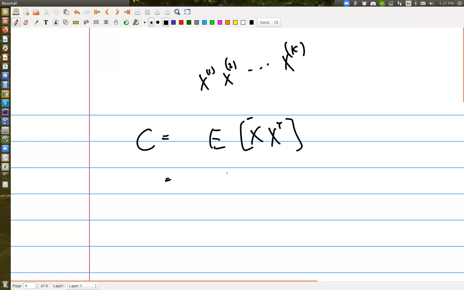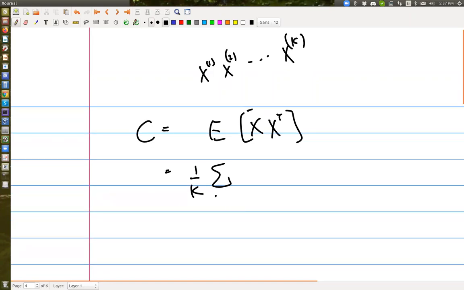Then I can approximate this as 1 over k times the sum of xi xi transpose. This approximates the covariance matrix with k data vectors as your training data.